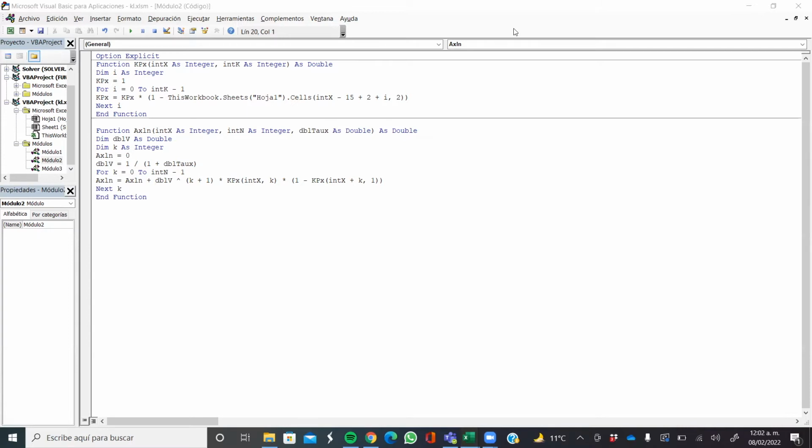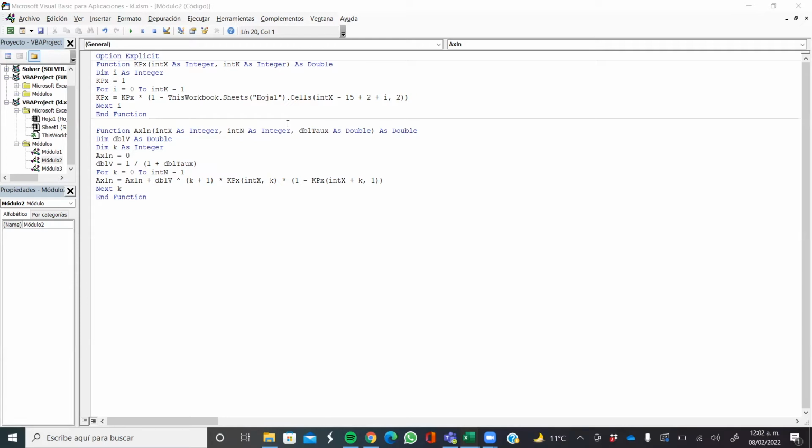The variable dvlv is the present value of the payment, and the variable k is the counter. So we will start the Ax1n function with value 0 and declare the value of dvlv, the present value of the payment.